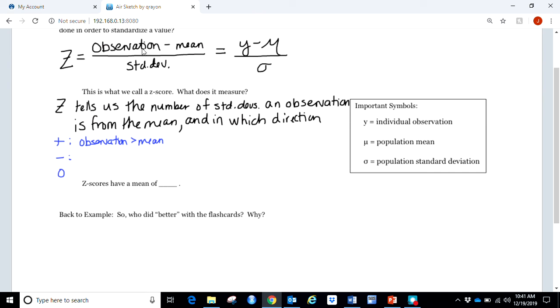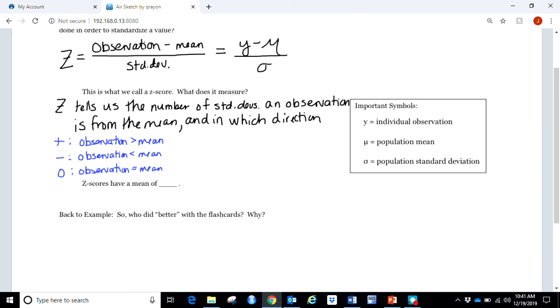To get a negative number, the observation would have to be smaller than the mean. And the only way that I can get 0 is if the observation equals the mean. If the observation equals the mean, I got exactly what I expected.